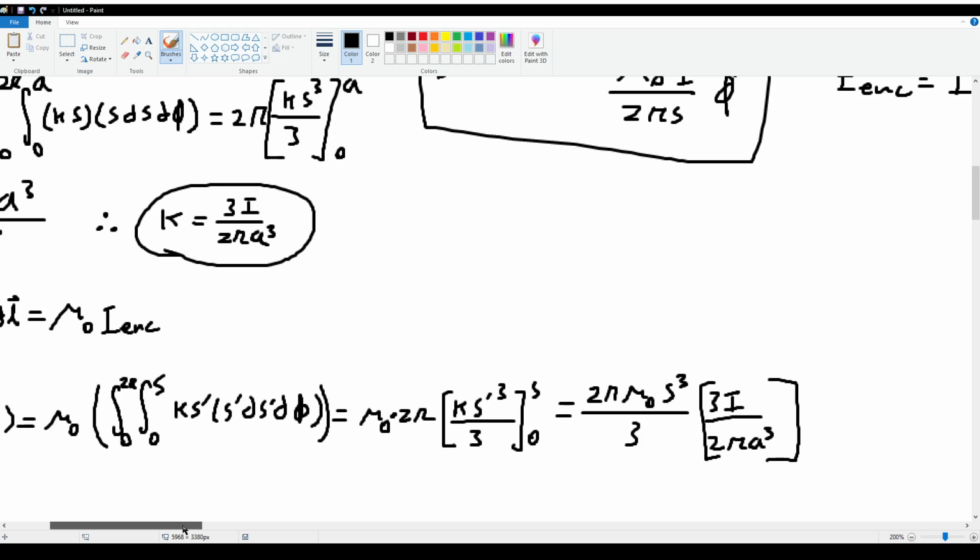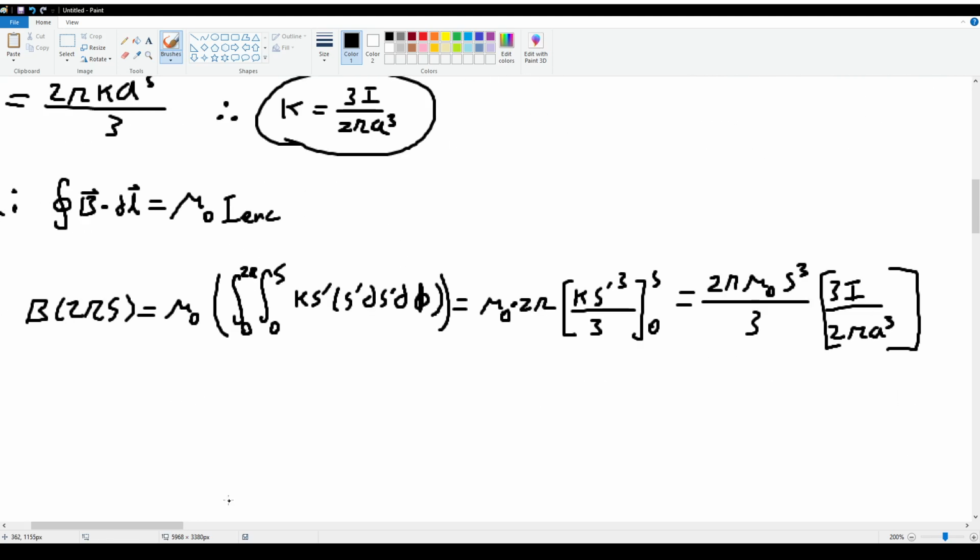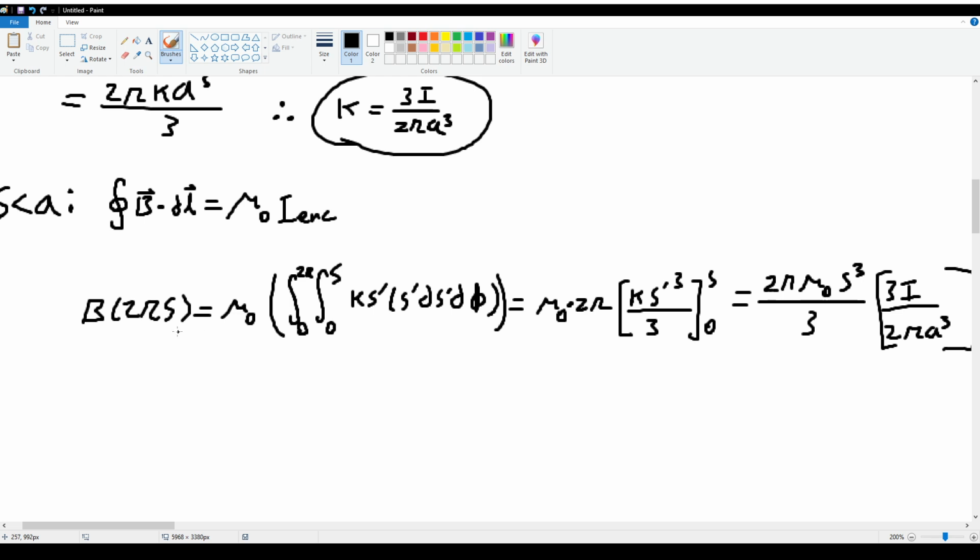Then multiply these and divide by the 2 pi s, and when you do all that, you should end up with, so this would be B, mu naught I s squared over 2 pi a to the third.